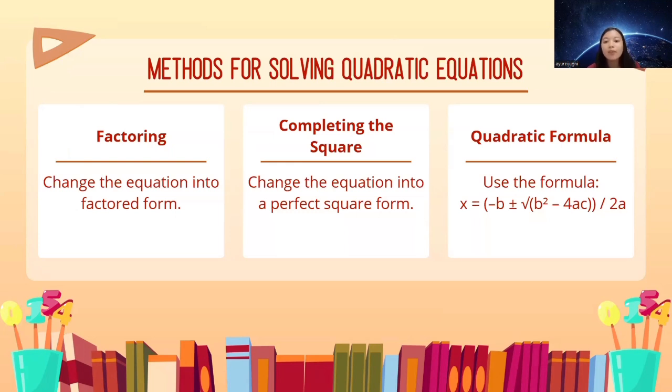And the quadratic formula is x equals negative b plus or minus the square root of b squared minus 4ac, all over 2a. Please observe the formula on the screen carefully because this formula is very important in solving quadratic equations.